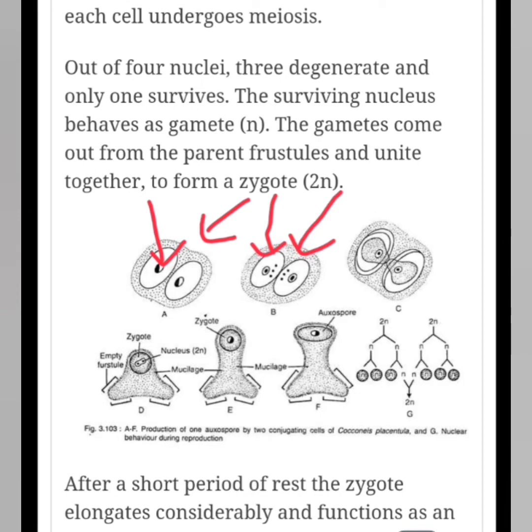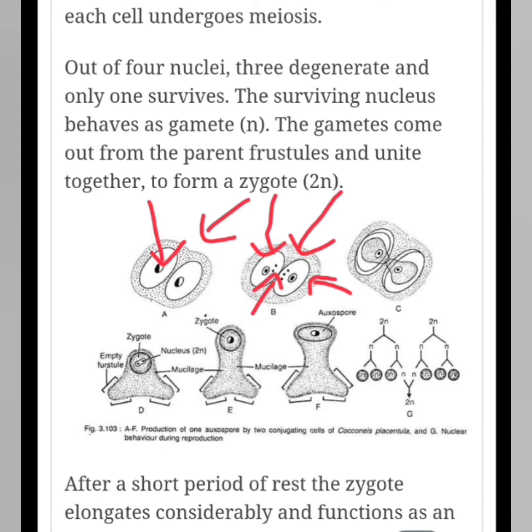In each of these two cells, three nuclei degenerate and only one nucleus survives. These three, which look like dots in figure B, are the degenerating nuclei, and the one surviving nucleus behaves as a gamete, a male and a female gamete.